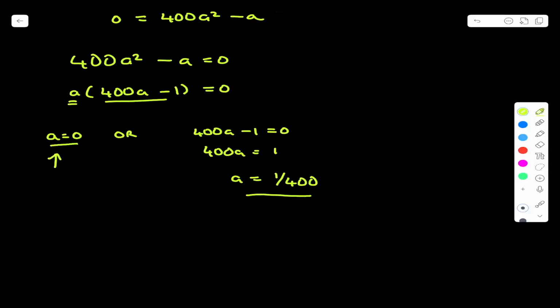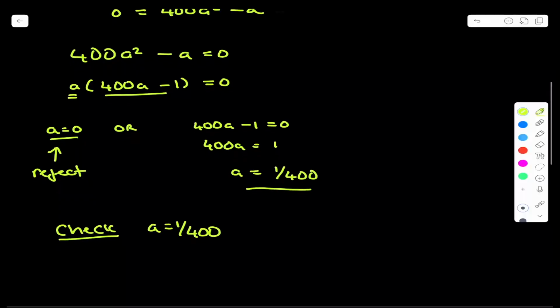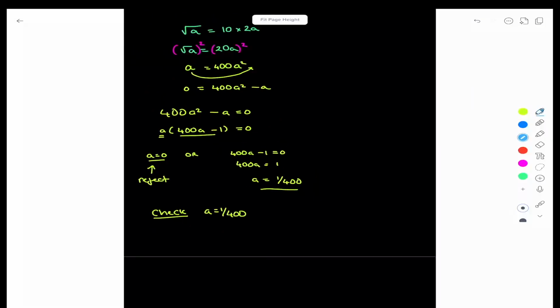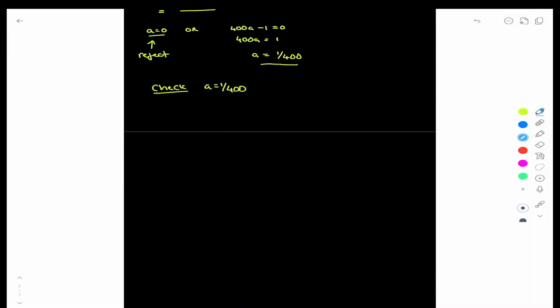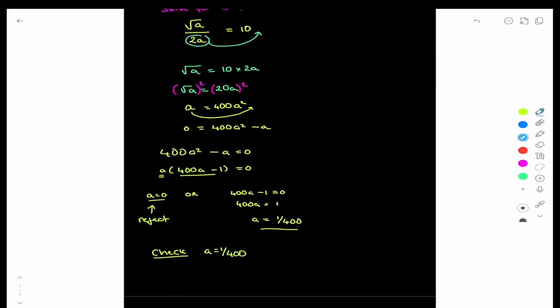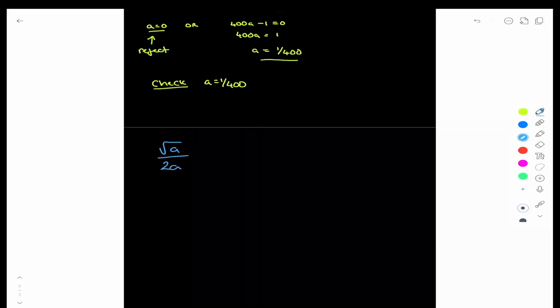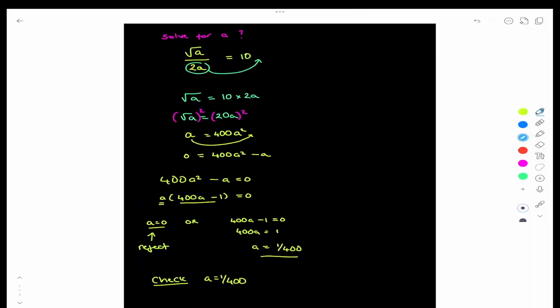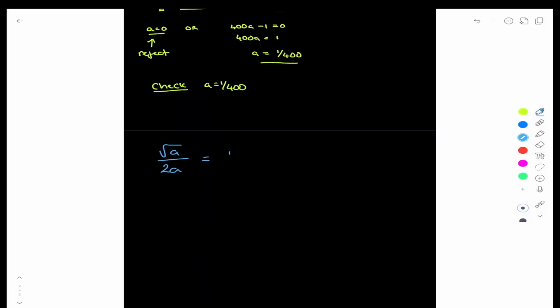So let's reject that. Okay, what about let's check if a can equal 1 on 400. This is the beautiful thing about maths. You can usually always check your work, check your answers. So let's rewrite the equation again. So you had root a on 2a, and we want to know, does it equal 10?